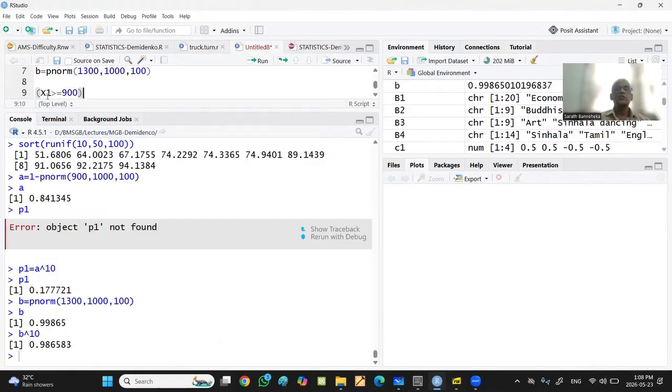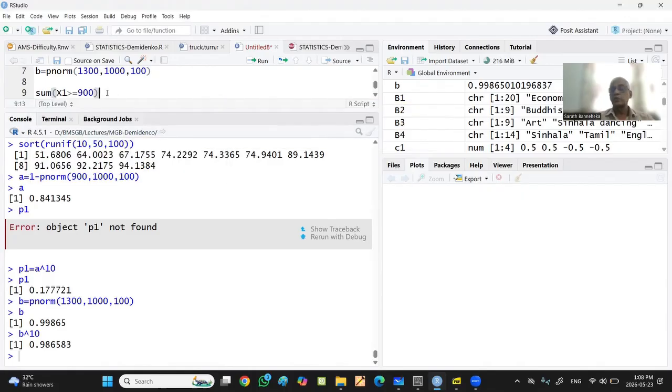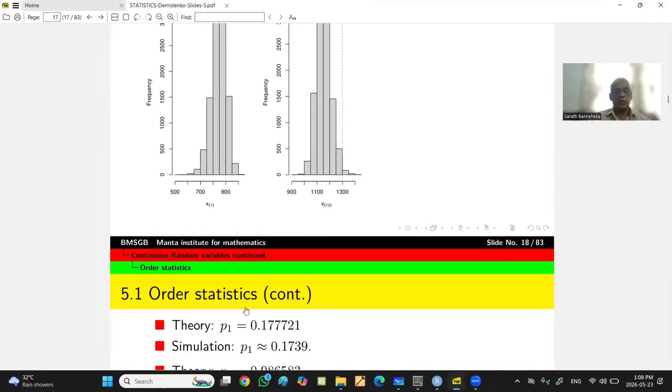If any x1 value is greater than or equal to 900, it will be true, otherwise false. So how many trues can you get by just adding these? Sum of x1 greater than or equal to 900 will give you this value. That's the value that I got.